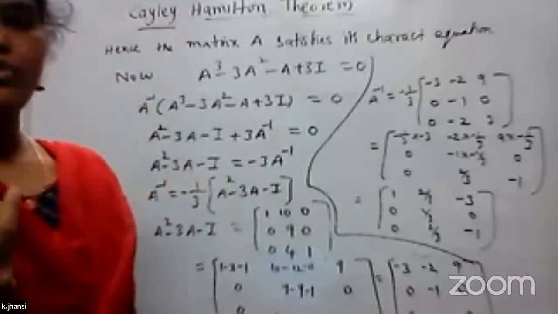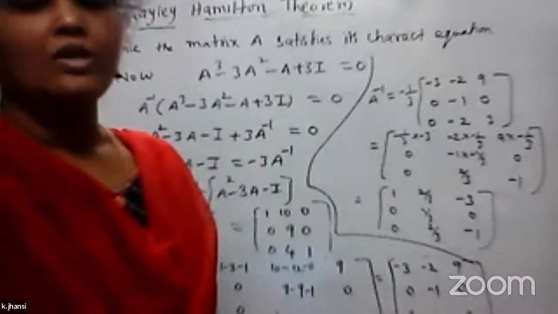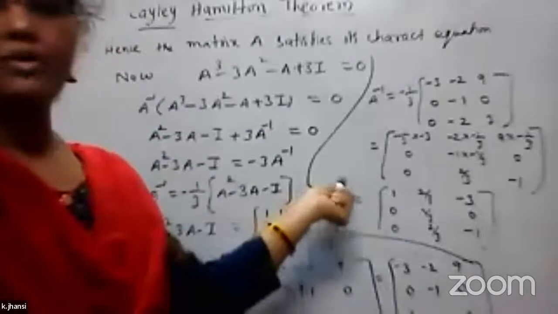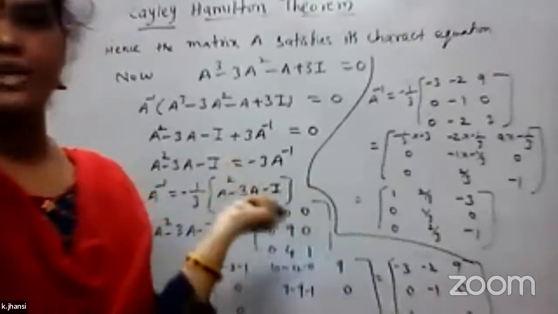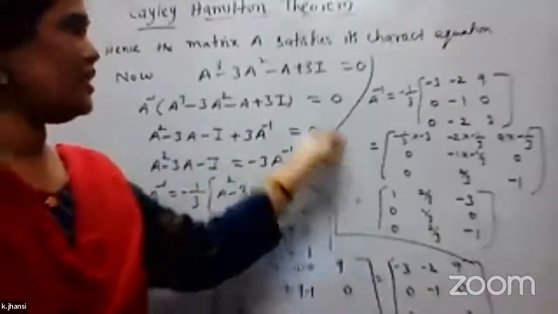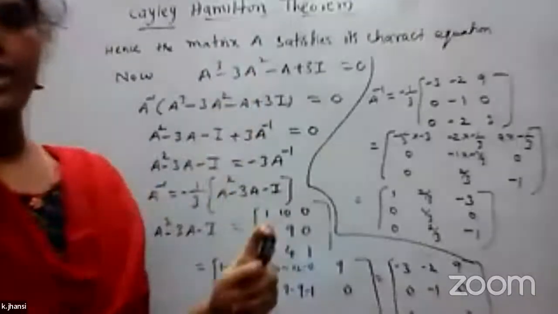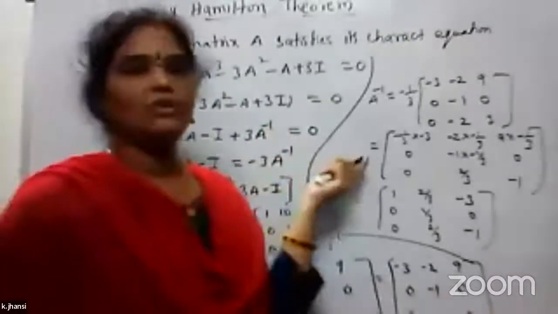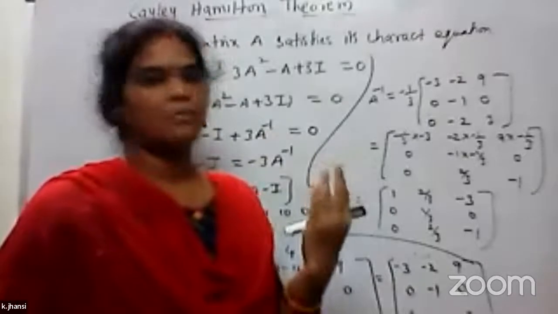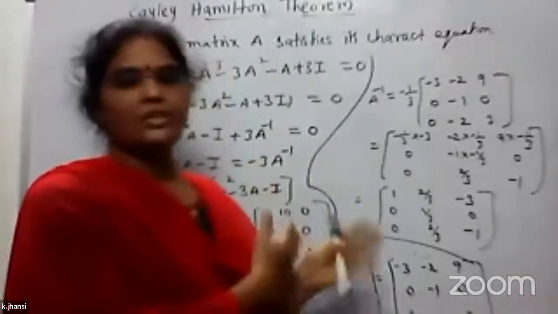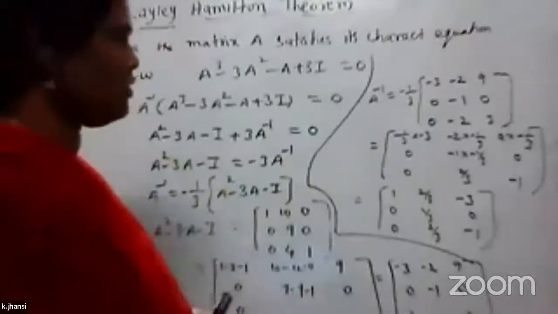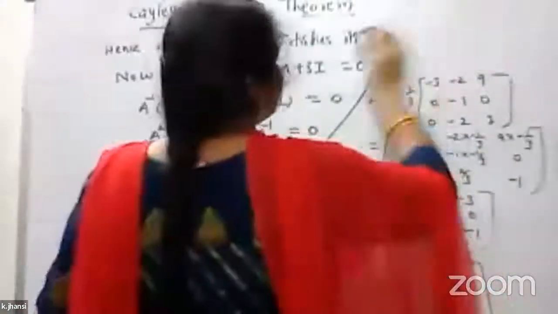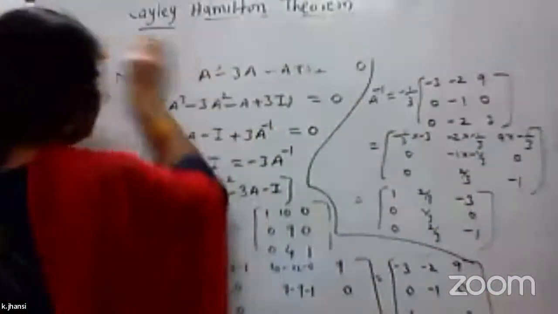If you find the transpose of that coefficient matrix, then whatever matrix you get is called the adjoint matrix. If you find the determinant of the matrix, you'll get some value. If you divide by that, then you'll get the A inverse. So that is another method, and by the two methods you'll get the same answer. So this is about the Cayley-Hamilton theorem.